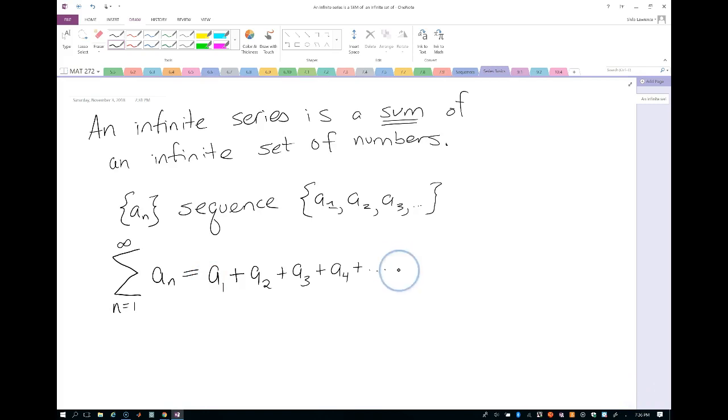And that finite answer is called the sum. So the limit of an infinite series is called the sum of the series.